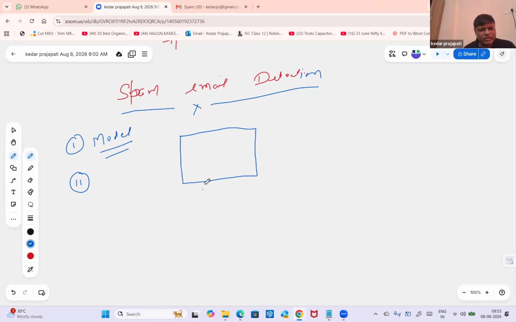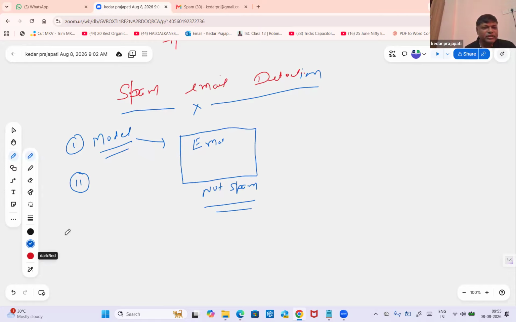In order to showcase, I have to give emails to this model. We have to show an email to this model and tell it that this email is not spam. Like in the cat and dog example, we show an image and tell it that it's a cat.